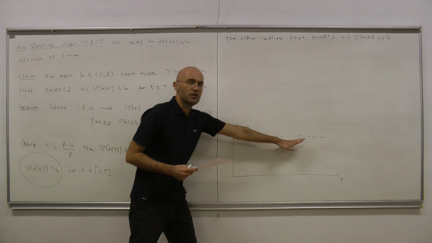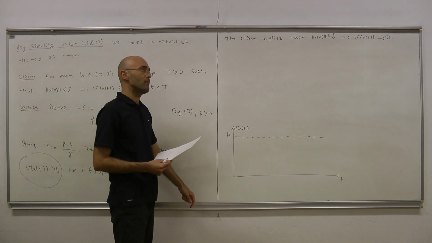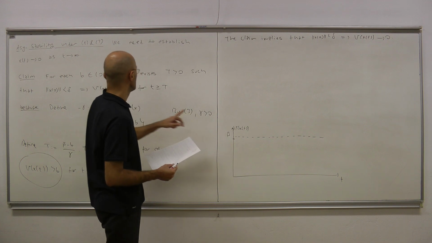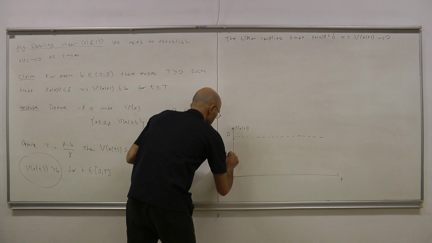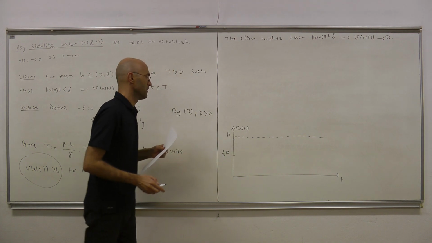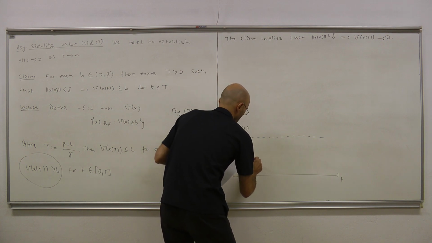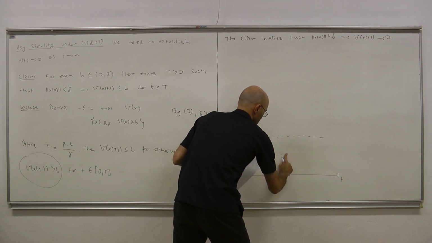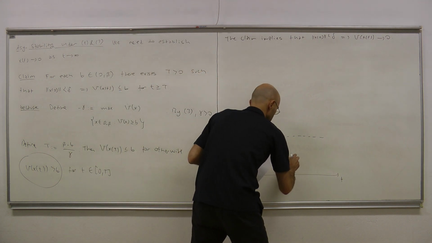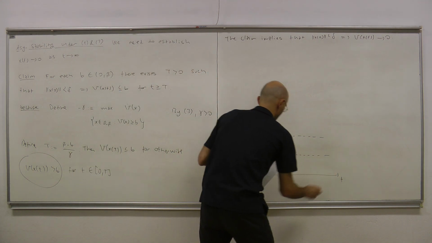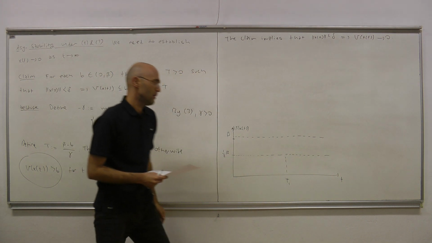V of x will always remain below that line, because set omega beta was forward invariant. And then we choose any b. Suppose that b is beta over 2. That corresponds to a t, let's call it t1, and after t1, v of x of t will always remain below that line.